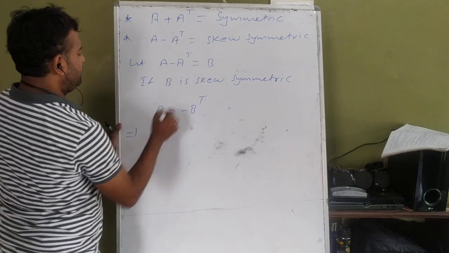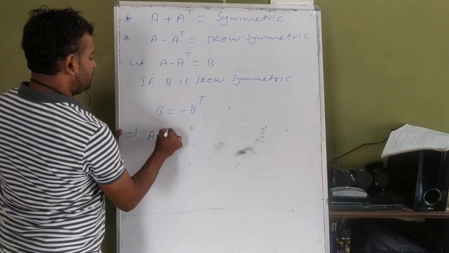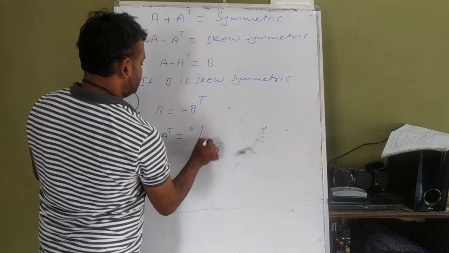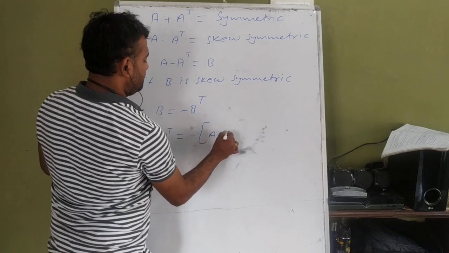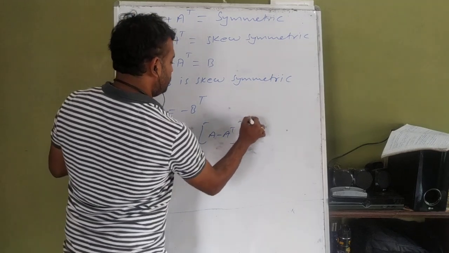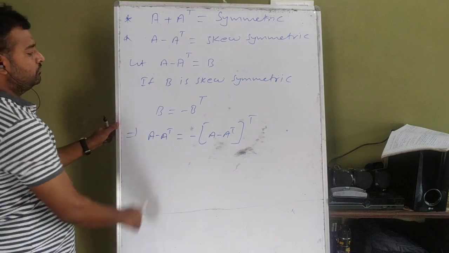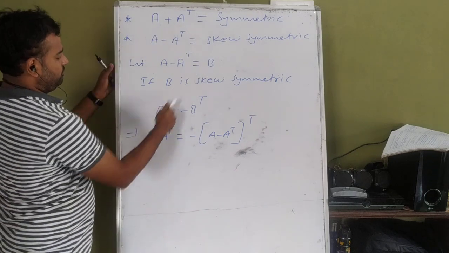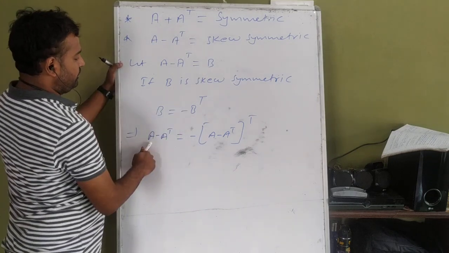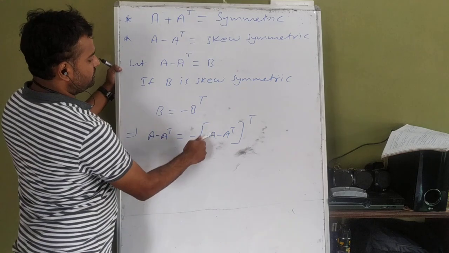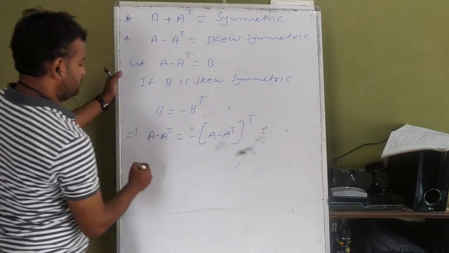What is the value of B here? B is equal to A minus A transpose, and instead of this B, negative of A minus A transpose whole transpose. We have just kept the value of B here.